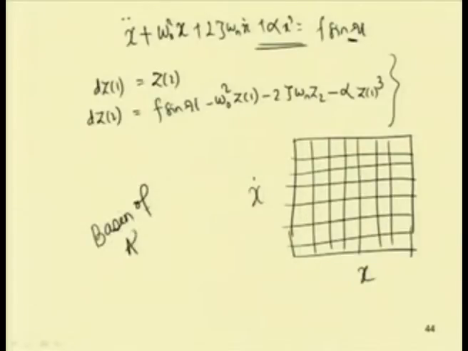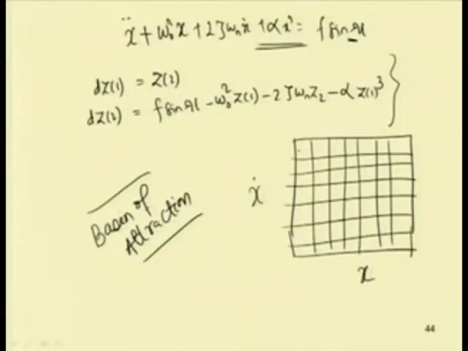Basin of attraction. By plotting this basin of attraction, one can find the trajectory starting from a particular point and ending at an equilibrium position.